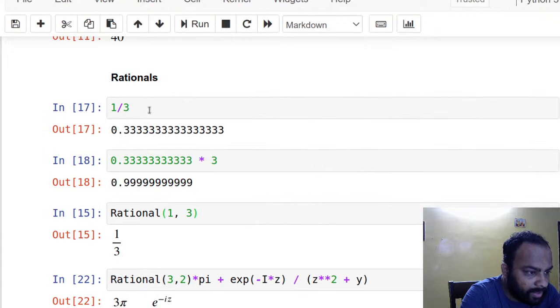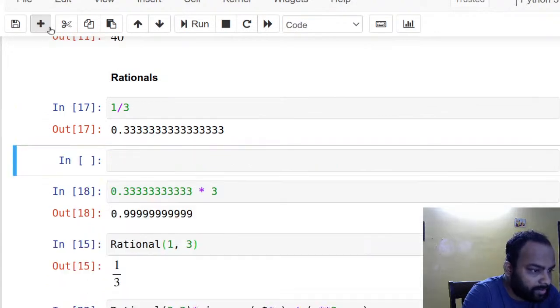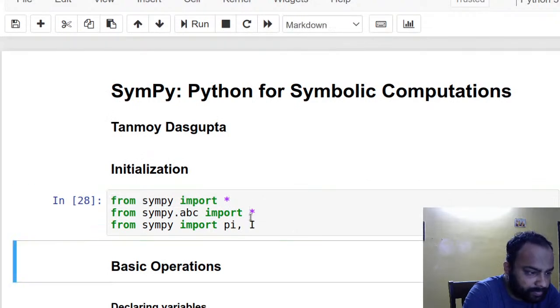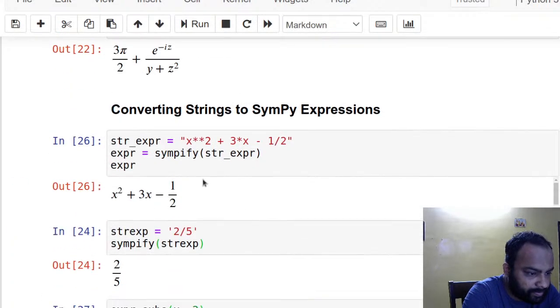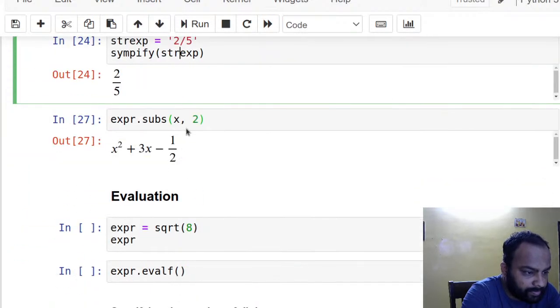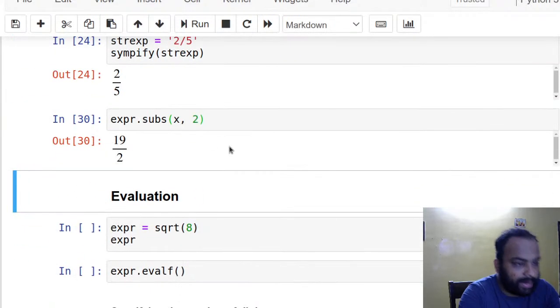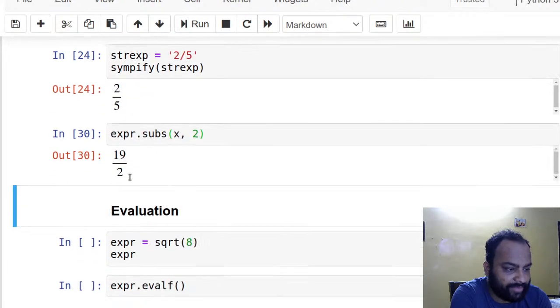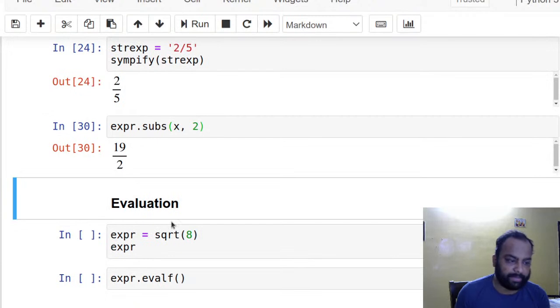Since I had assigned x, it became a problem. So right, look at this one. We substituted x with 2 and we have this value, right? It's a very simple expression.